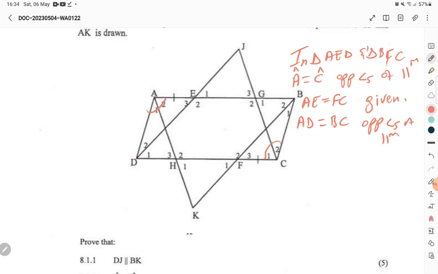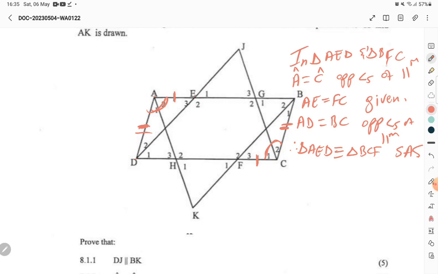So should that happen, you can see that since this side is equal to this side, and this side is equal to this side, and this angle is equal to that angle, we have side angle side. So that means that triangle AED is congruent to triangle BCF. So the reason is side angle side.